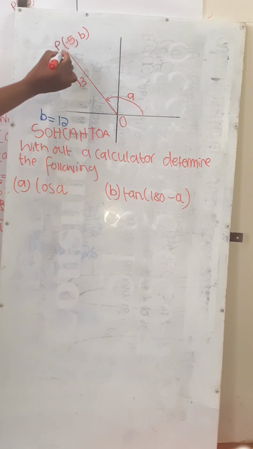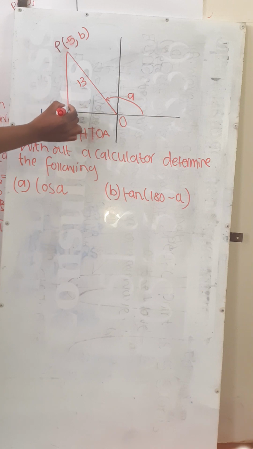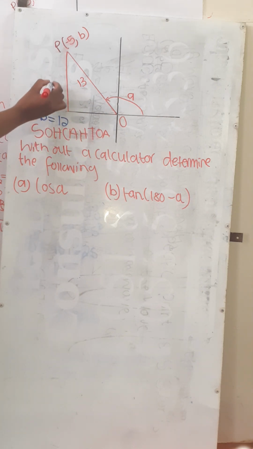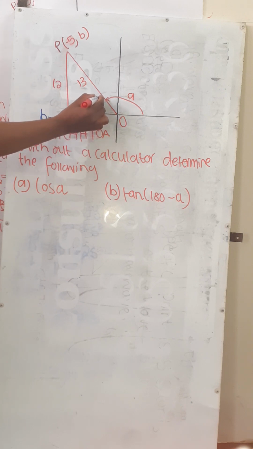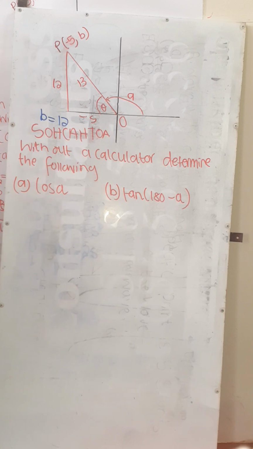So you can draw a line there. This line is the one that is 12, and then here is -5, and this is the angle theta, right? Alpha.